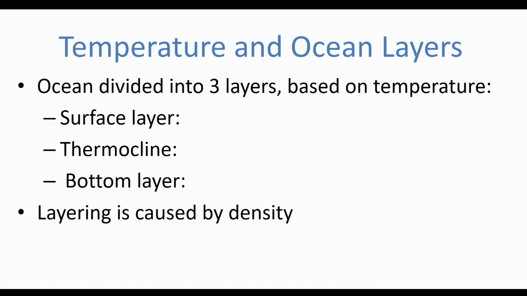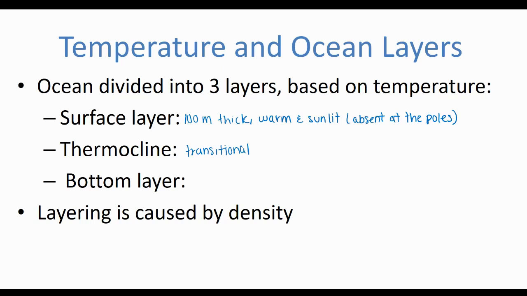So the ocean is divided into layers based upon its temperature. The surface layer is about 100 meters thick. It is warm and sunlit. This is absent at the poles, so you don't see this here. The thermocline is the transitional layer. So these are what we name the layers when we're talking about them in terms of temperature.